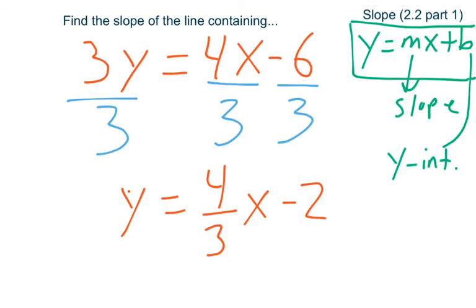I'm going to leave it like 4/3 x. I'm not going to make that 1 1/3 or 1.33333333. I'm just going to leave it as 4/3. Why? Because the number in front of the x in this equation that graphs a line is your slope. So now that I've gotten y by itself, my slope is 4/3.